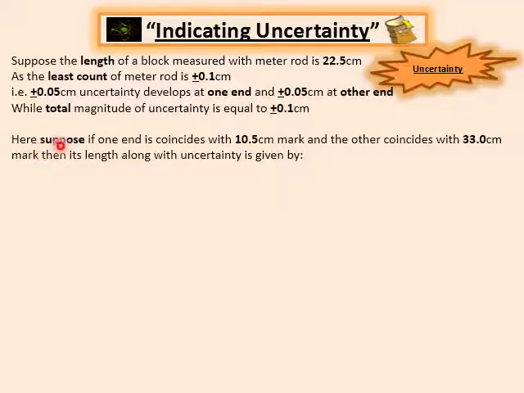Here students, suppose one end coincides with the 10.5 centimeter mark of the meter rod and the other coincides with the 33.0 centimeter mark, then its length along with uncertainty is given by 33.0 plus minus 0.05 centimeter minus 10.5 plus minus 0.05 centimeters.